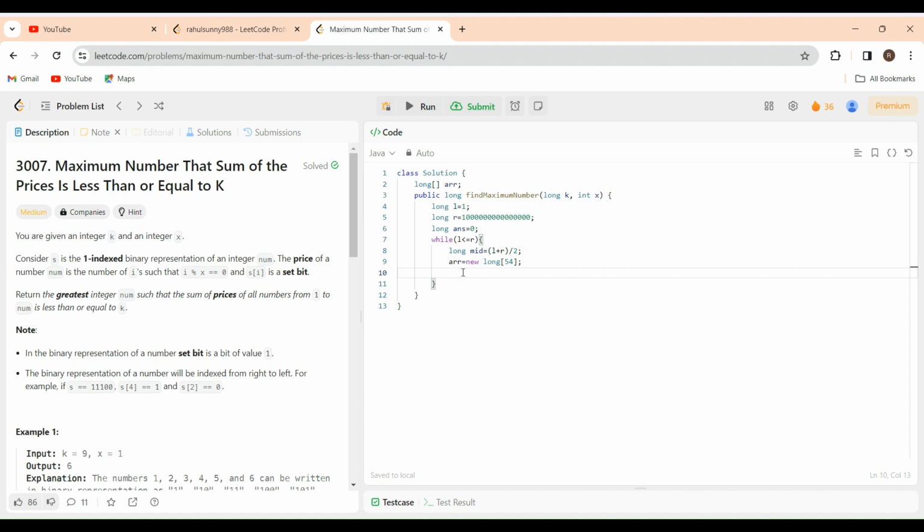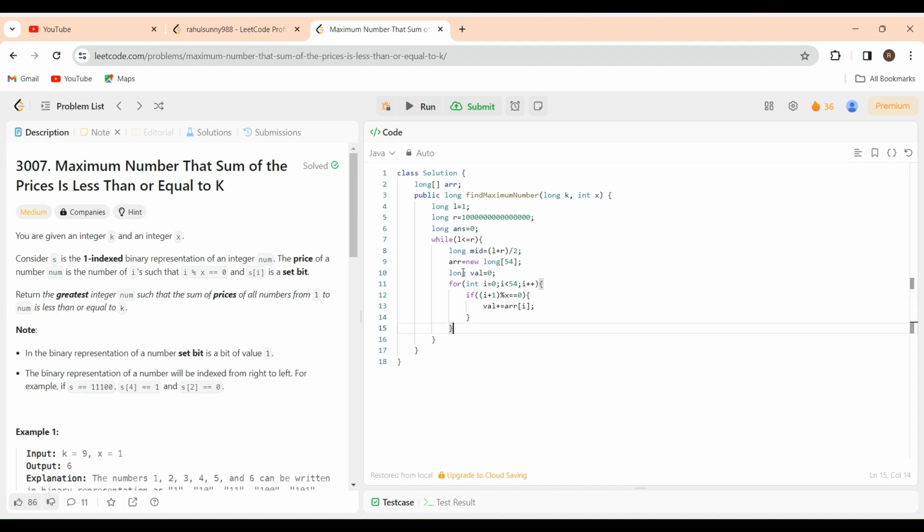For calculating that, we will consider long val equal to 0, and for int i equal to 0, i less than 54, i plus plus, if (i plus 1) modulo x equal to 0, then I can consider this and store it in my answer, that is arr of i.